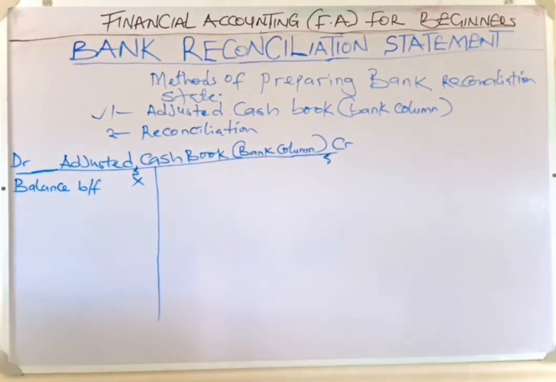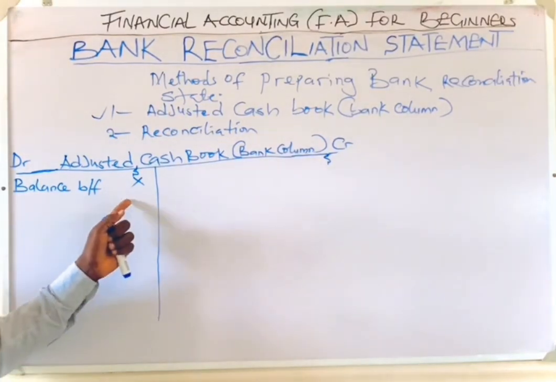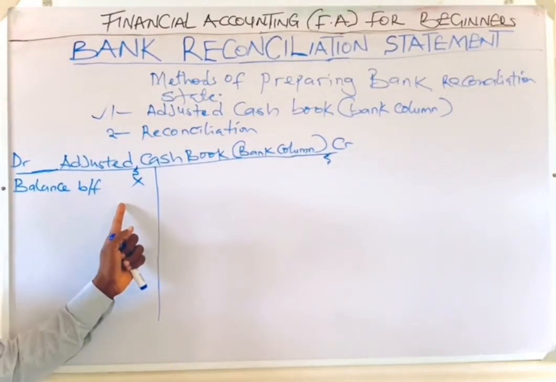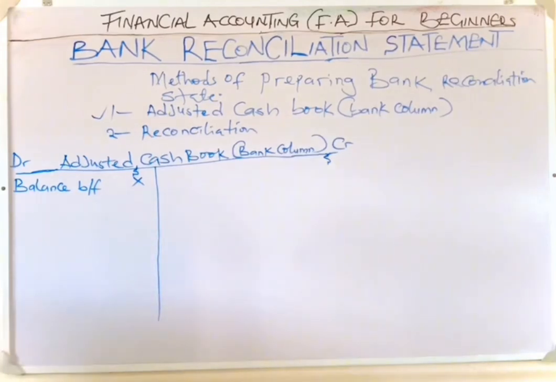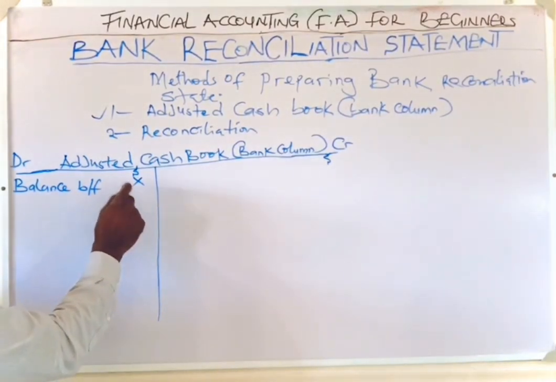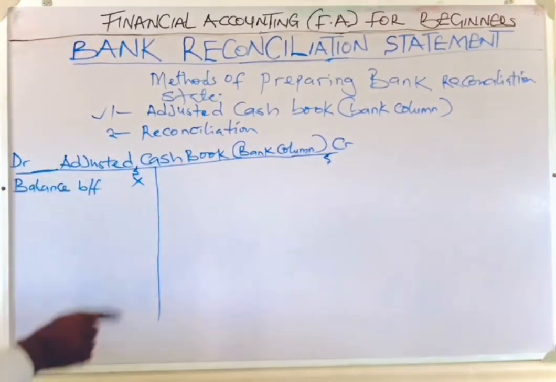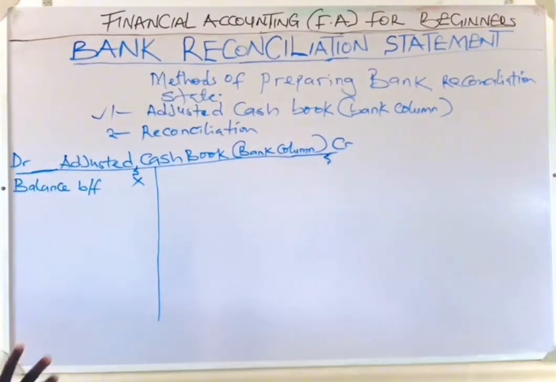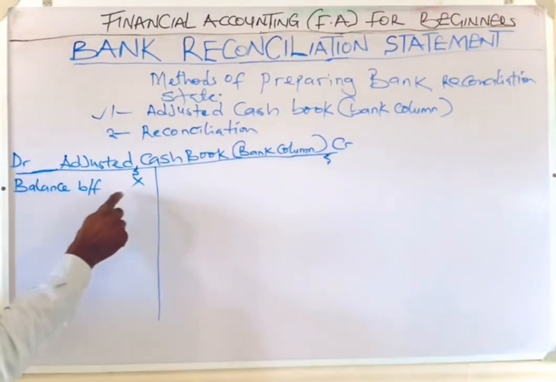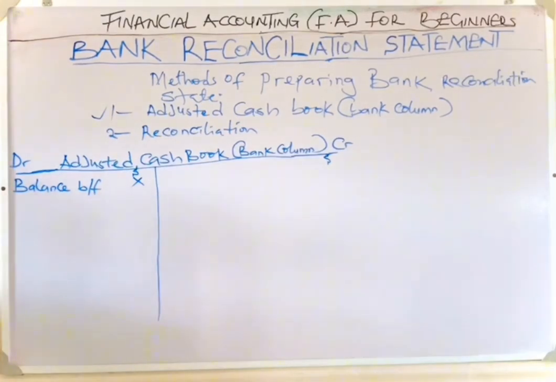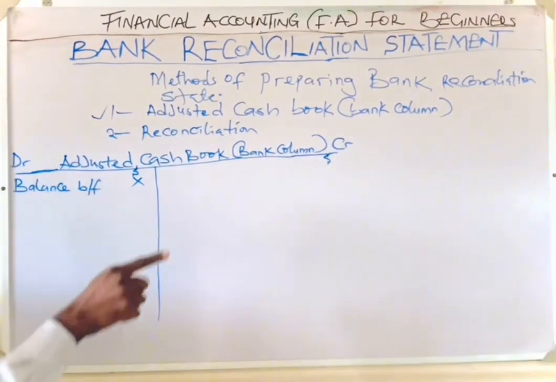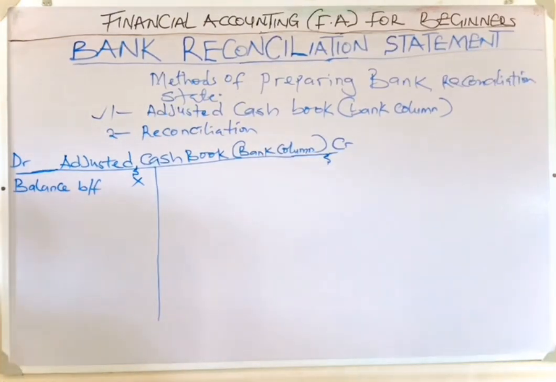When we are adding, it will be added to this balance, and when we are lessening, it will reduce this balance. So all the adjustments that we're going to do in the adjusted cash book are to affect our bank column balance in the cash book that failed to agree with our bank account balance.